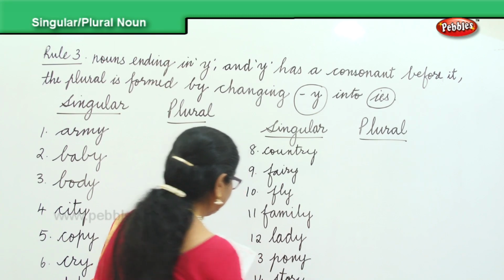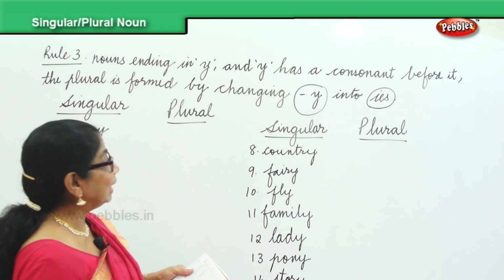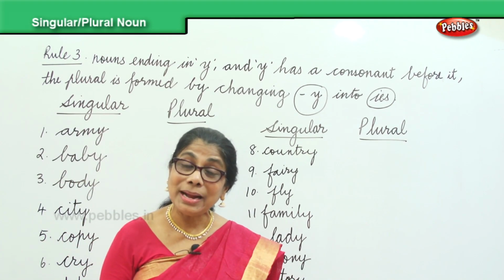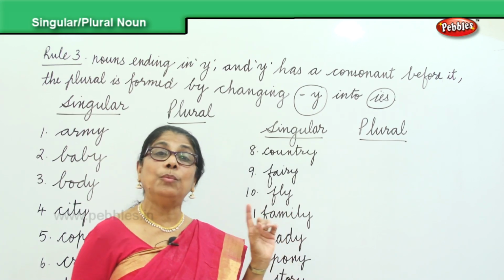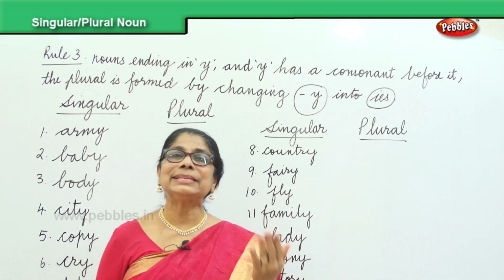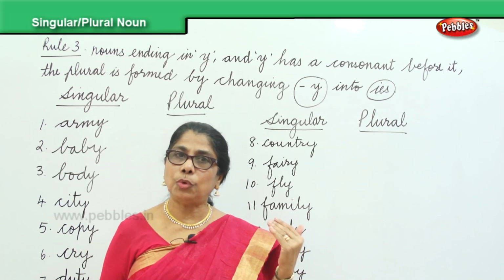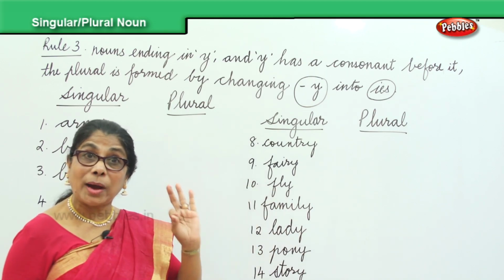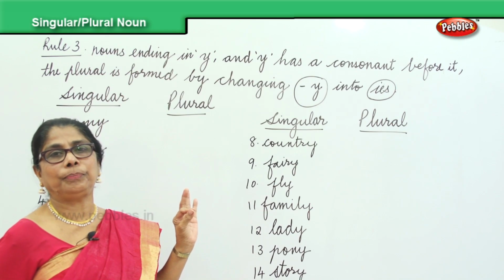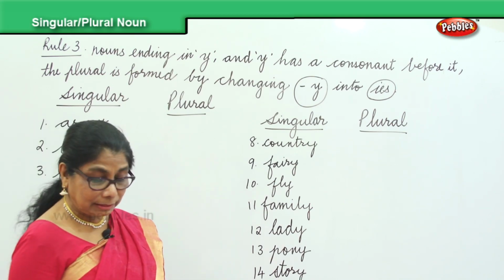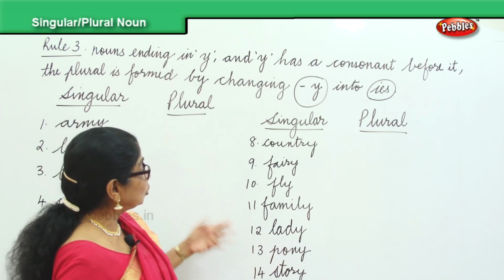You also have library, lily, and so on. Now, rule number 3 says, if a noun ends in Y and there is a consonant before Y, then you change the Y into IES to form the plural form. So I have 14 numbers here. Then there are more, library, lily, family, fairy, lots of things are there.